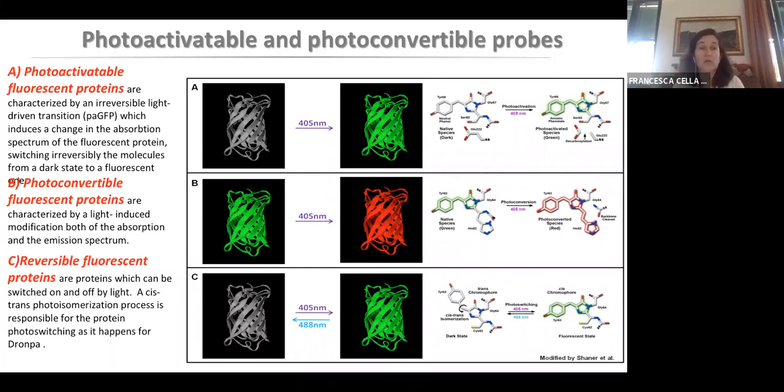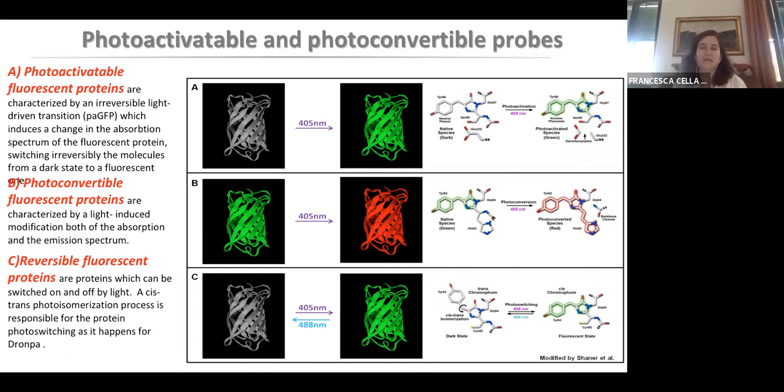On the other side, you can also use photoconversion. For example, you can change the color of your protein. You still irradiate the sample with the UV light, usually 405, and your molecule, usually the transition is from green to red, but it can also occur in other spectral regions.